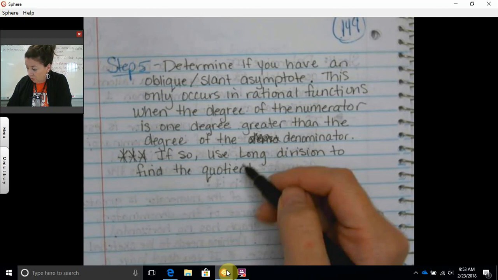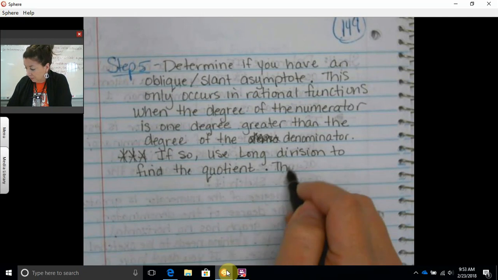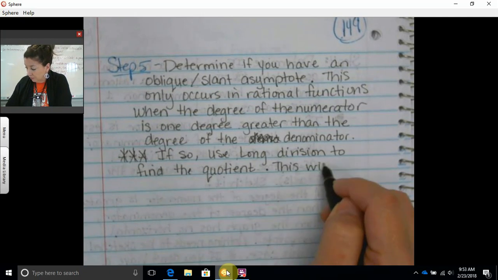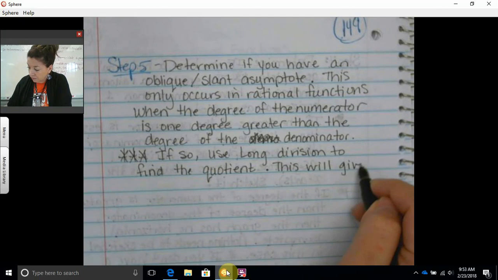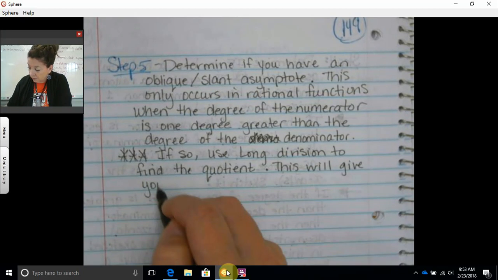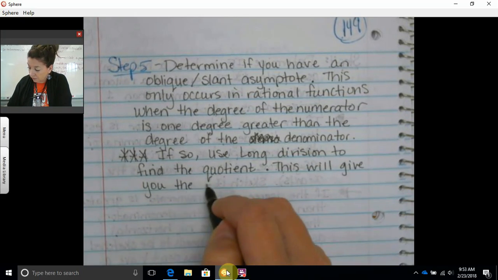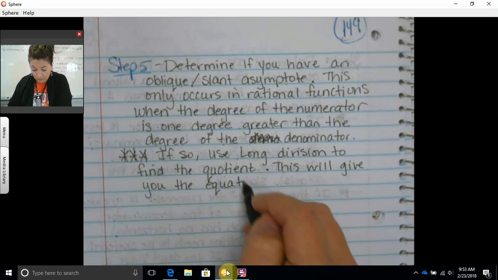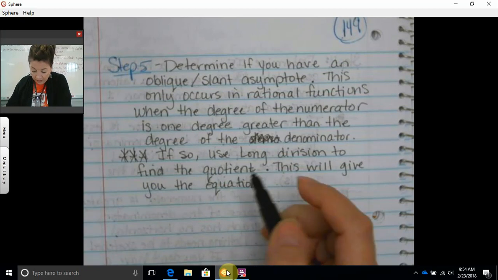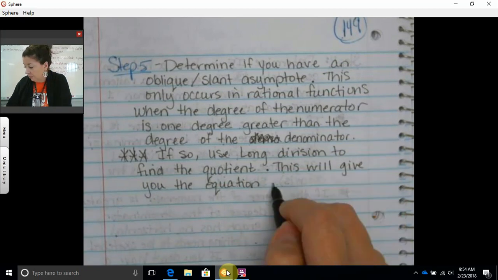This will give you the equation of the oblique asymptote.